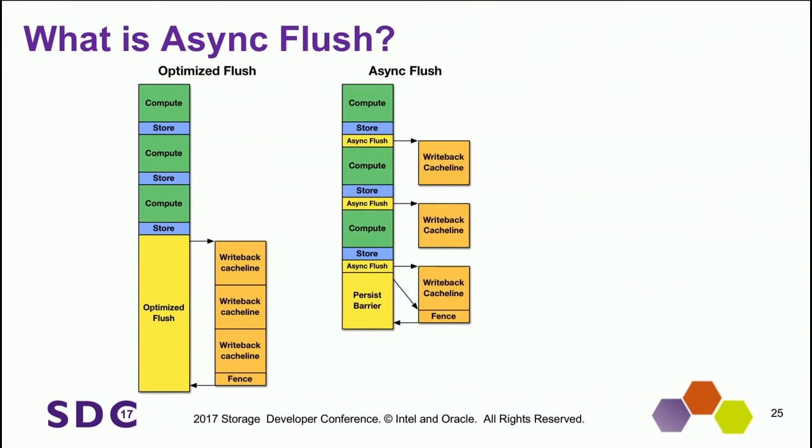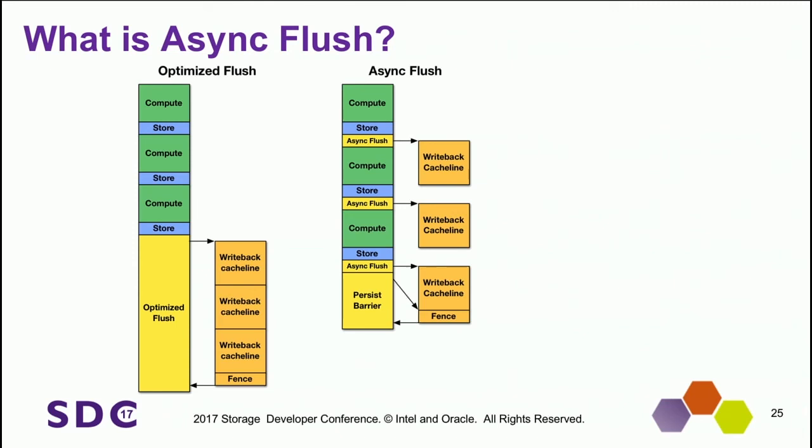So asynchronous flush tries to pull a model that's similar to async I/O, to get back some of that pipelining capability, to let you overlap the write back of the data with further computation. And it does that by splitting this optimized flush into two pieces that we call async flush and persist barrier.